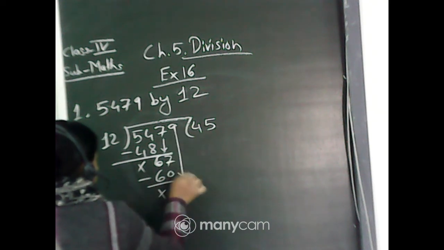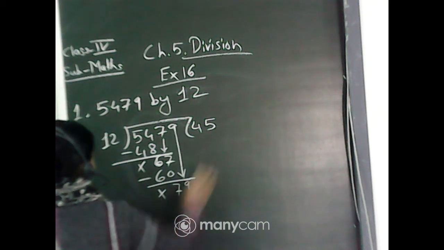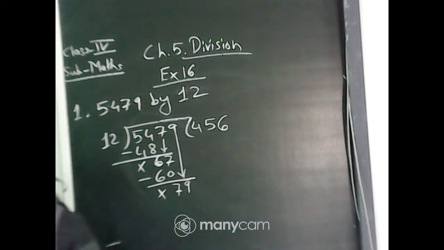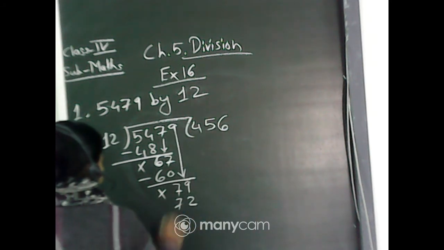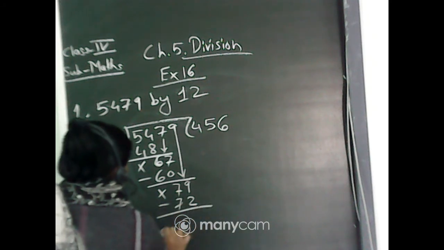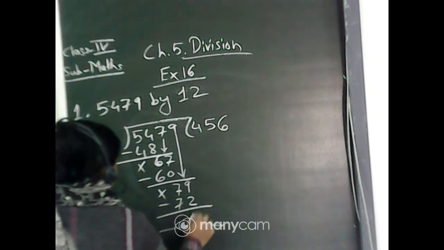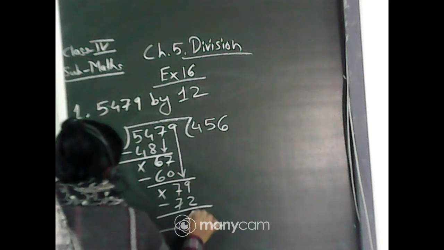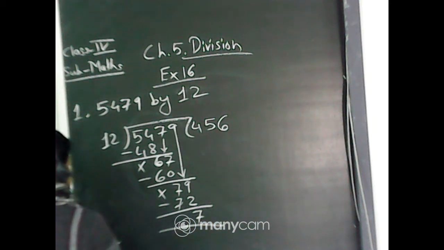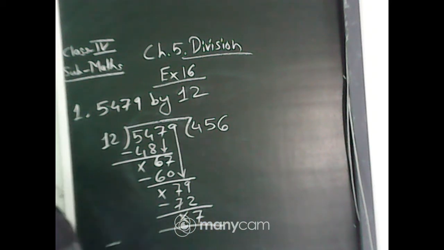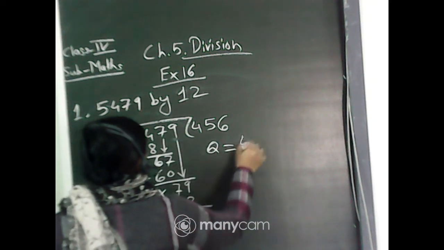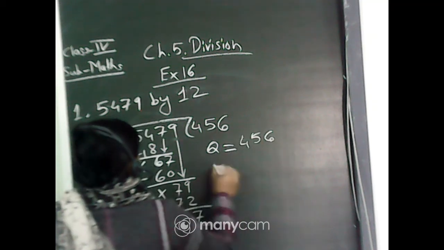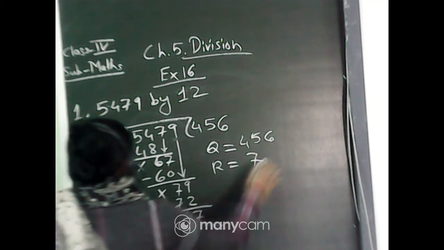Now this 9 will come down. 6 sevens are 72. This 7 minus 7 is 0. That means the remainder is 7, isn't it? So you will write quotient is equal to 456 and remainder is equal to 7.